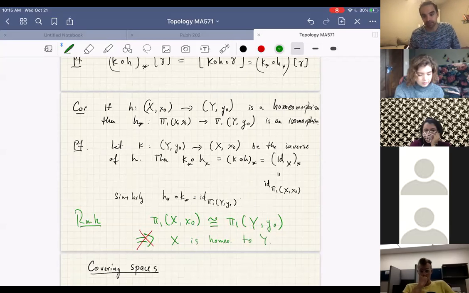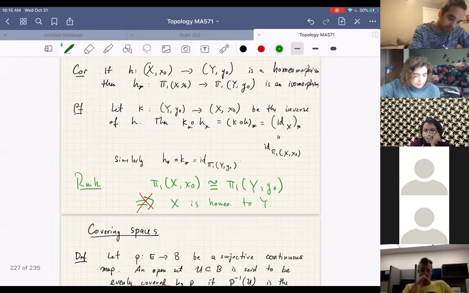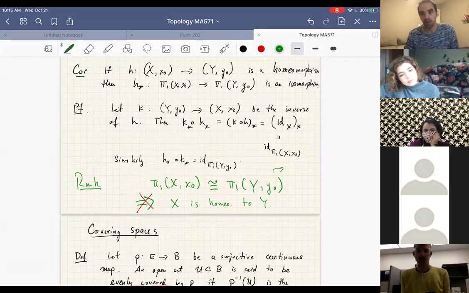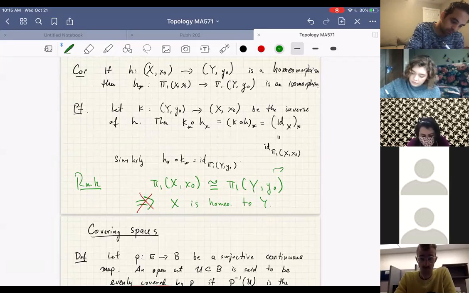Okay. I mean, we have a counterexample, right? Can anyone tell me a counterexample that we have proven so far using what I have just mentioned? So what's a counterexample?